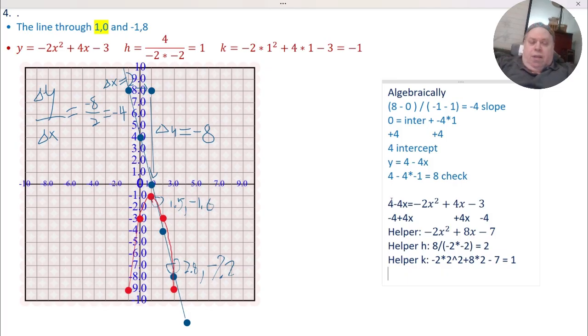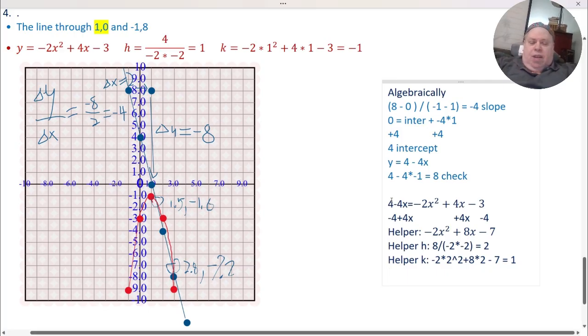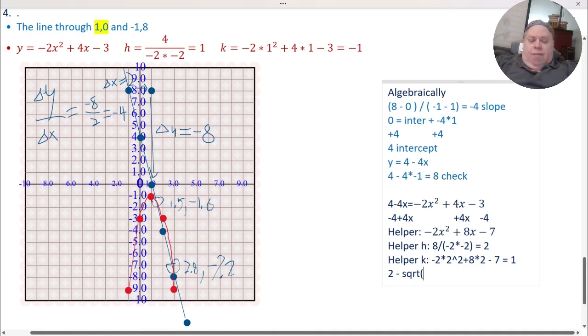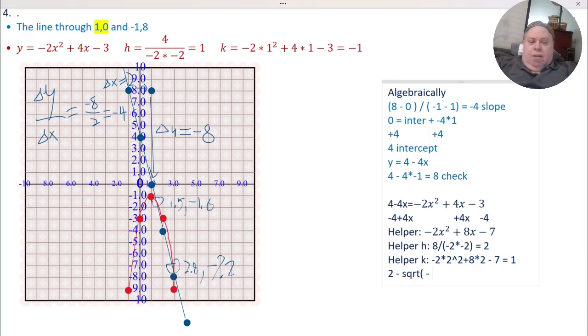So now we use the formula h plus or minus the square root of minus k over a to find the two roots. So we take 2, and I'll start with the left one, minus the square root of minus k, which is 1, over a, which is minus 2.